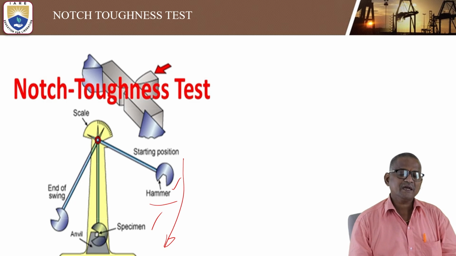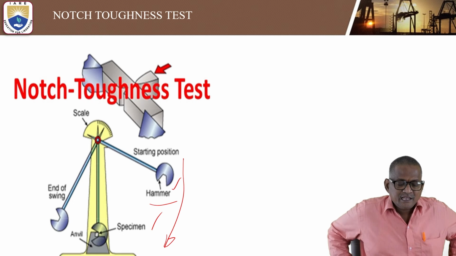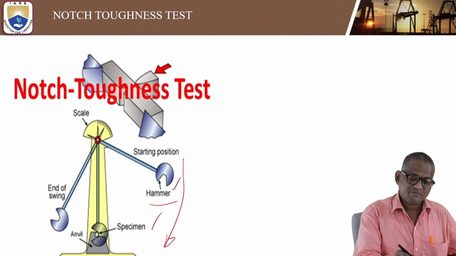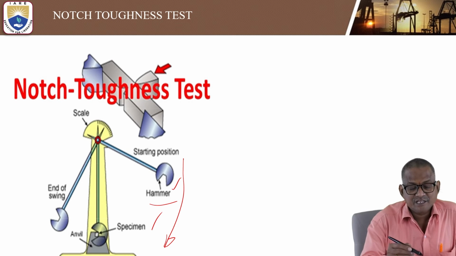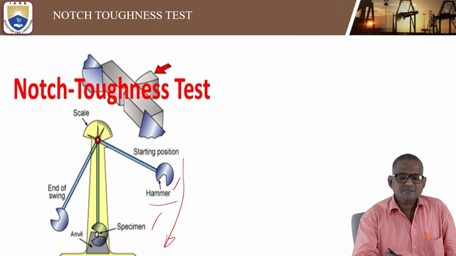The notch toughness test is self-explanatory. There is a rod fixed at both ends, with a starting position and the end of the swing, and a scale, and you can keep a specimen.